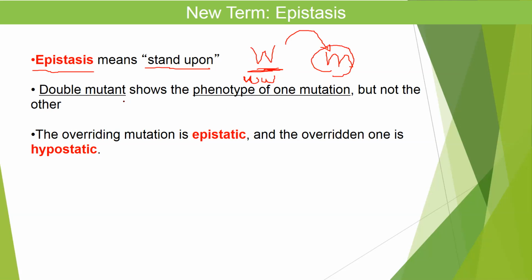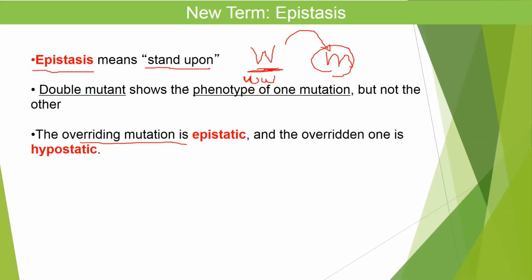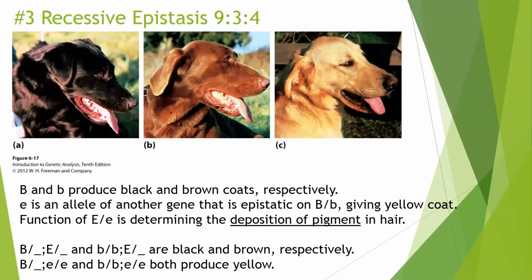The first mutant gene W will override the mutation for the second one. This is the recessive epistasis.